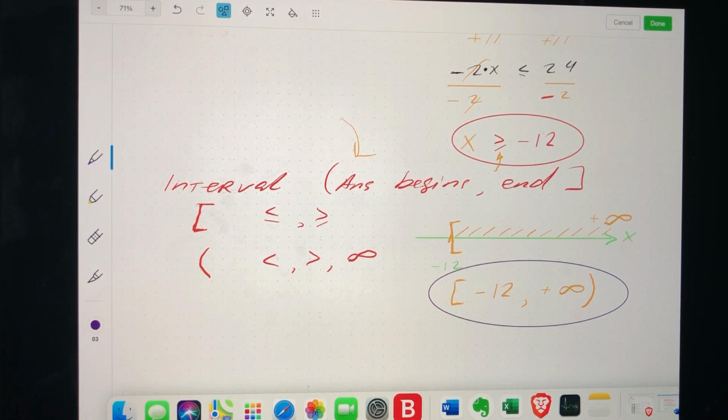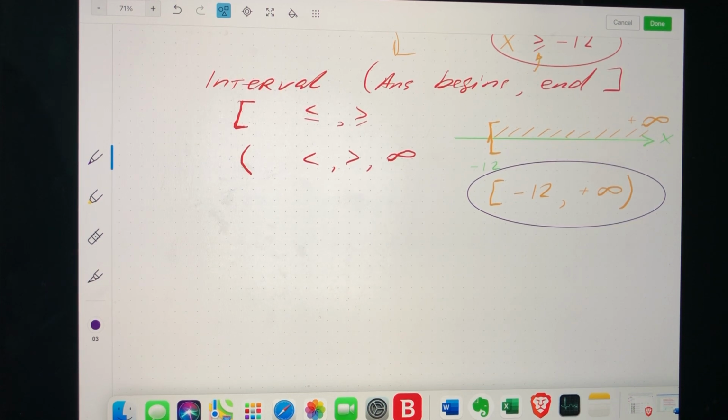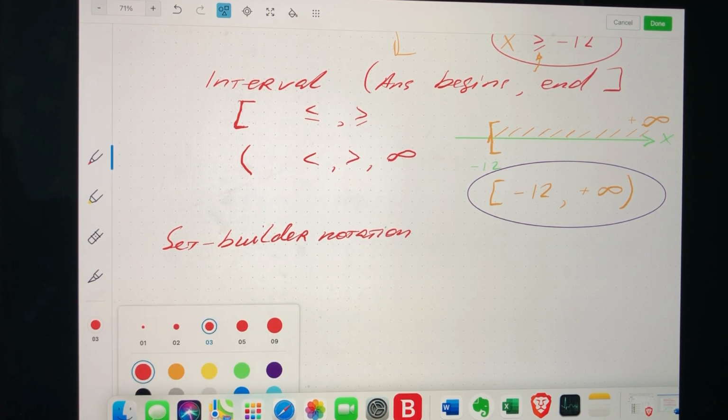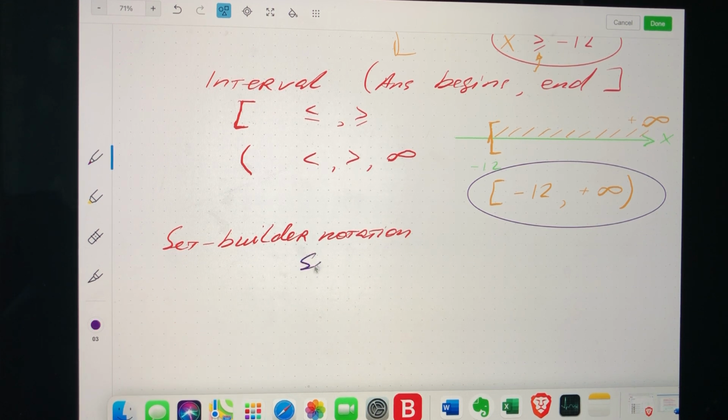In a set builder notation, the set is simply a list of like or similar items.